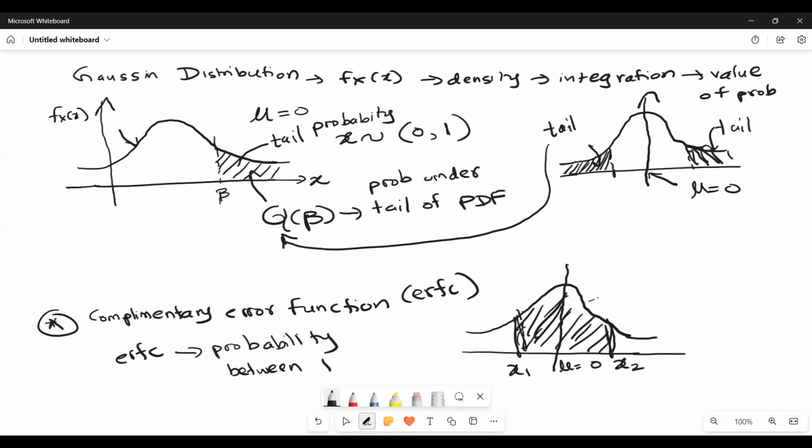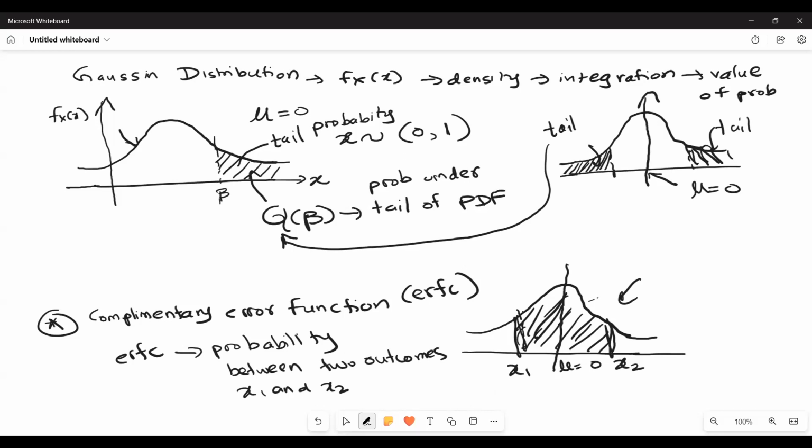Probability between two outcomes, x1 and x2, right? So this error function can be used. The error function is also defined for a specific Gaussian distribution.